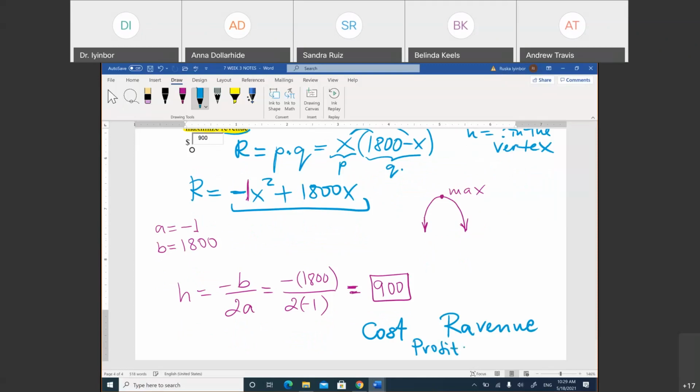So the profit is revenue minus cost. Okay? Everybody understand that? Here we're talking about only the revenue, and the revenue is how many you're going to sell multiplied by the unit price. When you multiply those two, you're going to get the revenue. Okay? Any other questions?